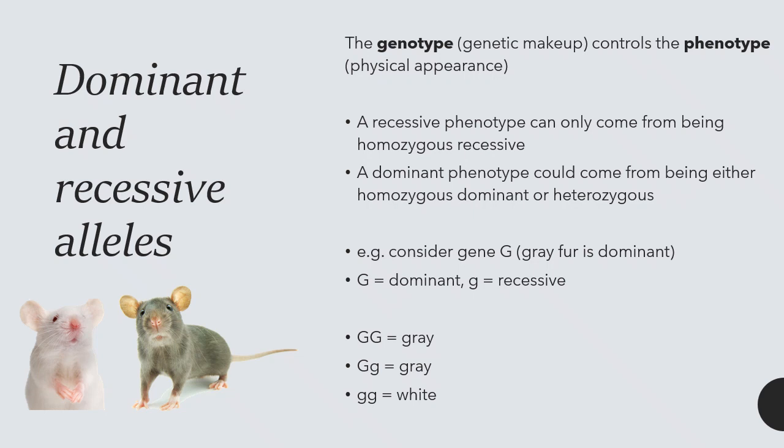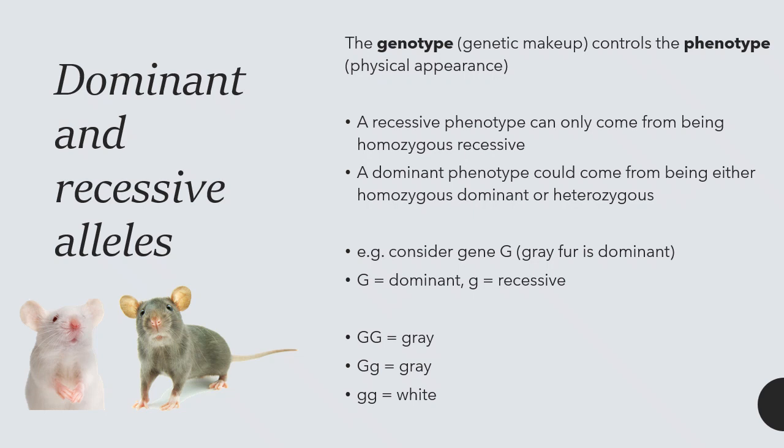In the entirely hypothetical example that we're using here, let's call the gene for fur color gene G, since gray is dominant to white. This means that being either homozygous dominant or heterozygous for G will result in gray fur, while only being homozygous recessive will result in white fur.